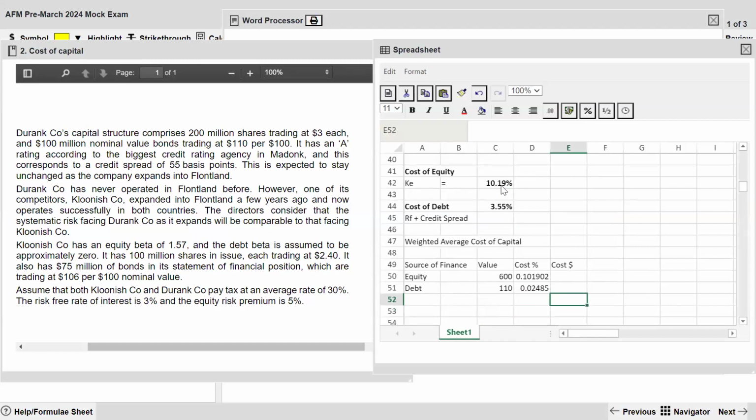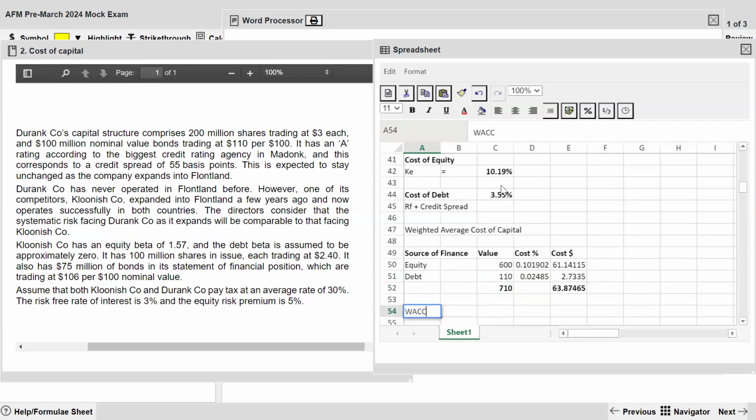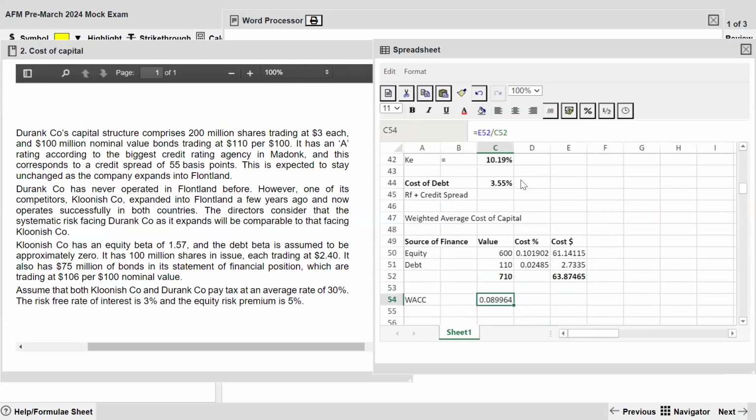So resultingly, this is what it is going to be. You have the value, which is this 710, and you have a cost, which is this. Now the weighted average cost of capital is going to be this divided by this, which is 8.99 or 9%. So are you all okay with this?